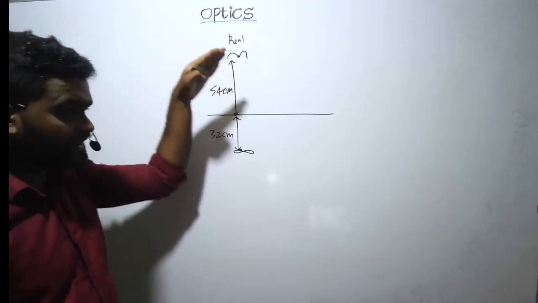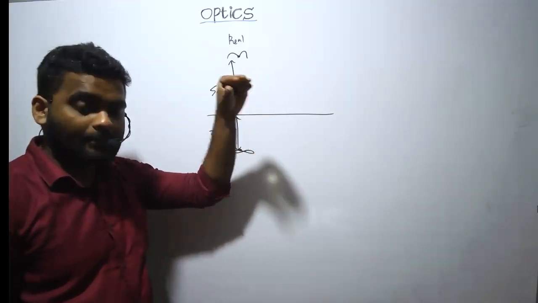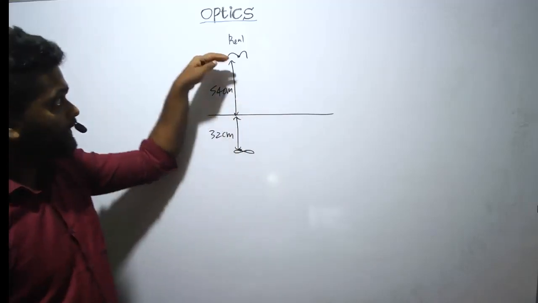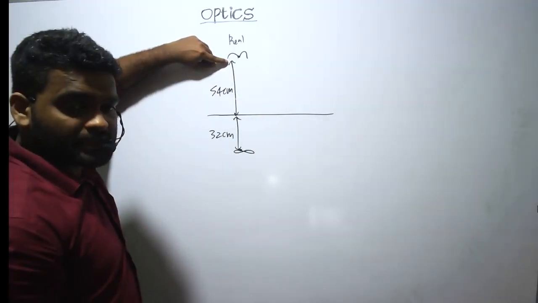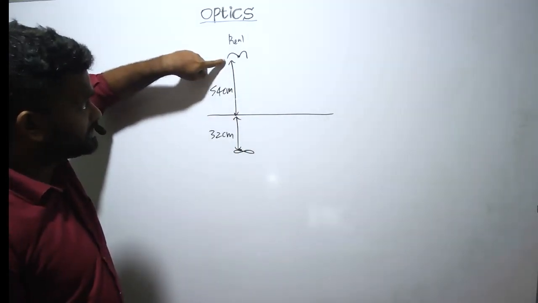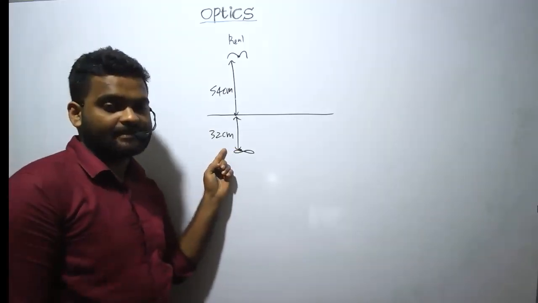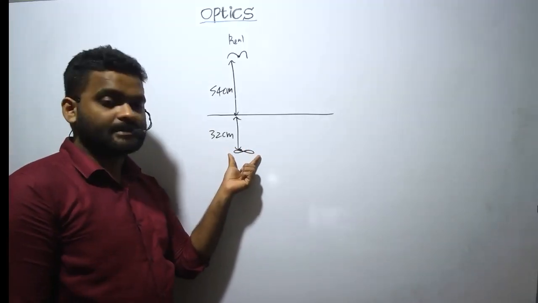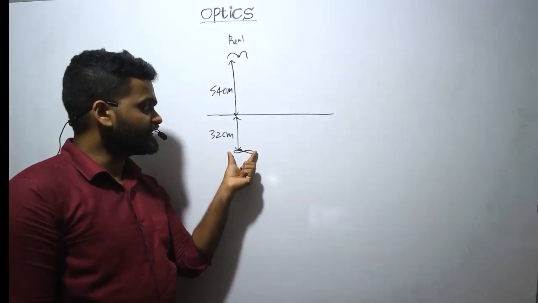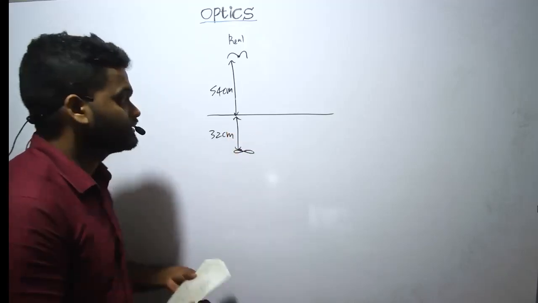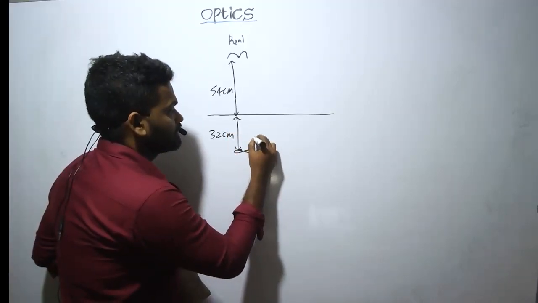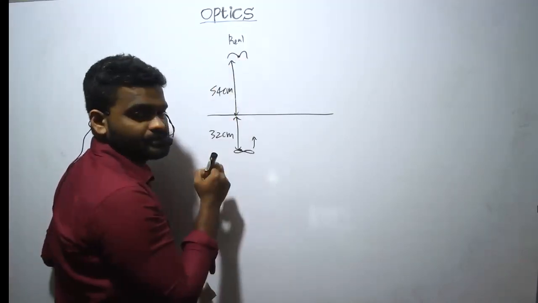So what they ask here is apparent positions. How does the bird see the fish? The bird does not see the fish here. It sees the fish has shifted upwards. That is how the bird sees the fish, not us.